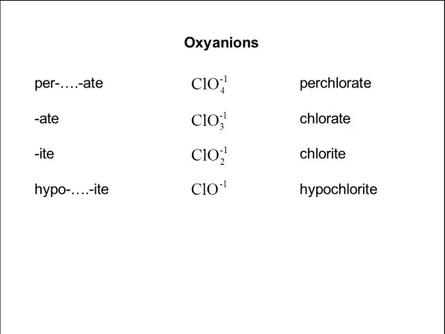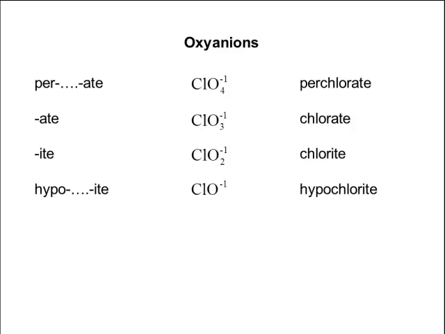So just from knowing that -ate form, I can then, using these rules, determine what the per-ate looks like, what the -ite looks like, and what the hypo-ite looks like for these oxyanions. So instead of memorizing 4 things and 4 formulas, I memorize 1, apply these rules, and I'm good to go. Now keep in mind, this applies to anything that has an -ate associated with it. So when you have like the sulfate, the phosphate, the nitrate, okay, so these rules can help save a lot of time in memorizing a whole batch of different compounds.